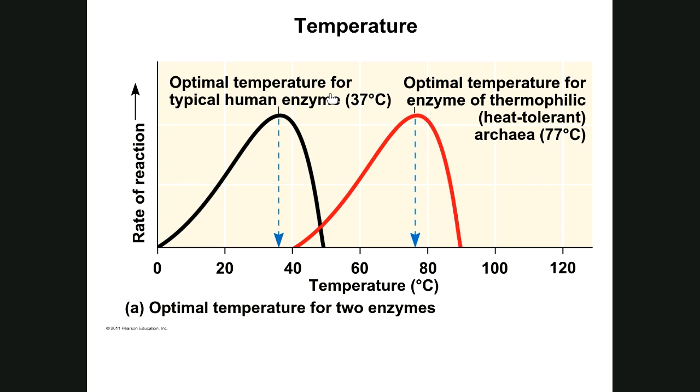Well, what they discovered is when you expose enzymes from different organisms to temperatures above their optimal temp, the reason why they more quickly become inactive, or the reason why their enzyme activity is more quickly inhibited to the point they stop functioning, is because high temperatures cause enzymes to denature.